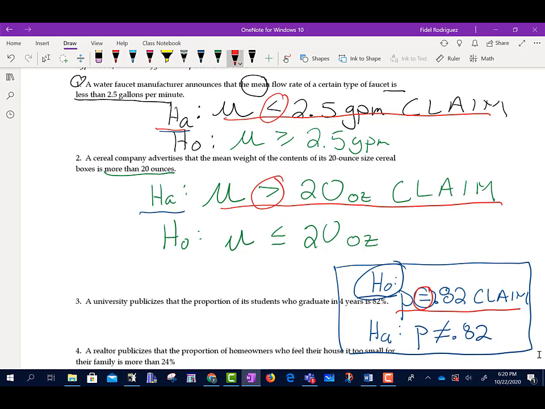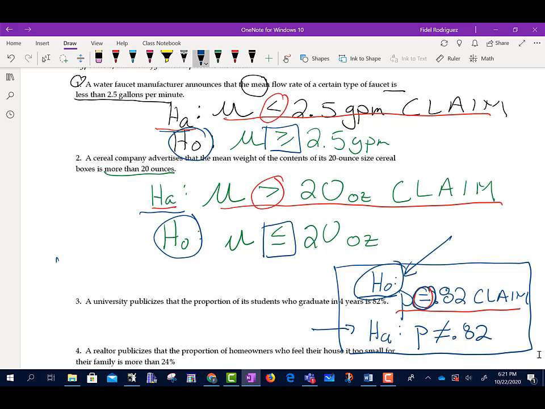That's telling me that that is my alternate, because the equal to part is always going to be the null, the one that has the H0. In this particular problem, because we started off with our equal to part, that was my null. And so the second one was my alternate, okay?